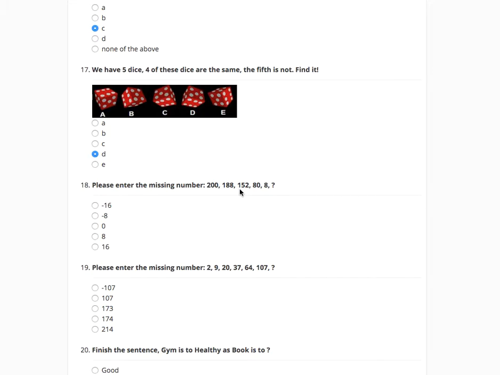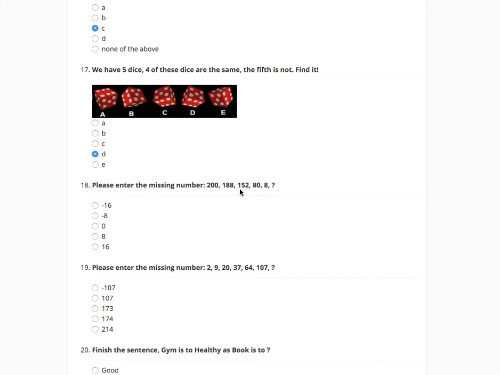Yeah, I might want to write this down because this is a little bit awkward. So a difference of 12, then a difference of 36, difference of 72, between 152 and 80, right?